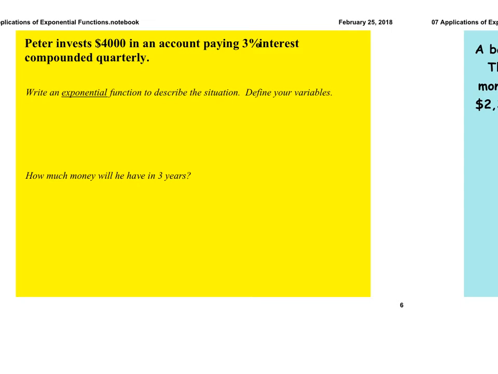So if I was going to do the starting amount of 4,000 times 1 plus what rate? 3%. It would normally have gone like this, and this would be your end amount. Your end amount would be 4,000 times 1 plus 0.03. But wait, they said compounded quarterly. Do you remember from our project?